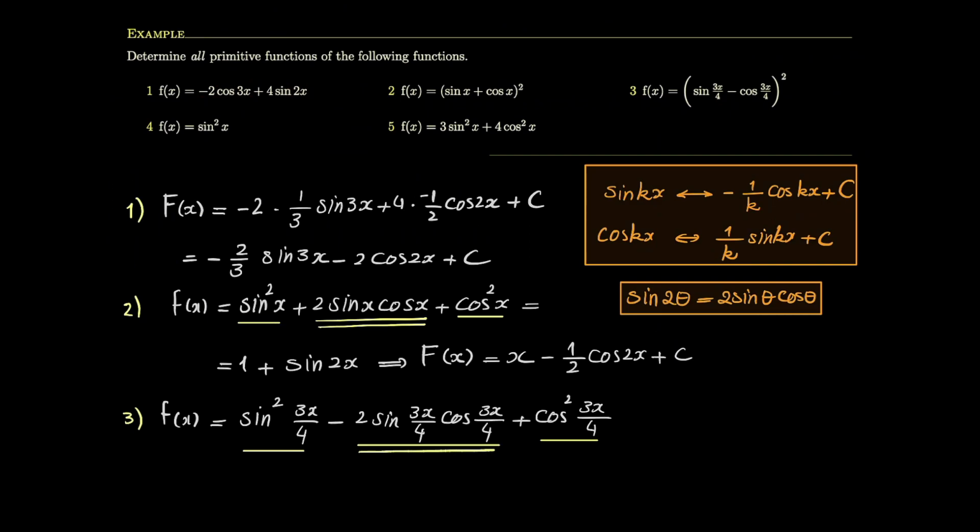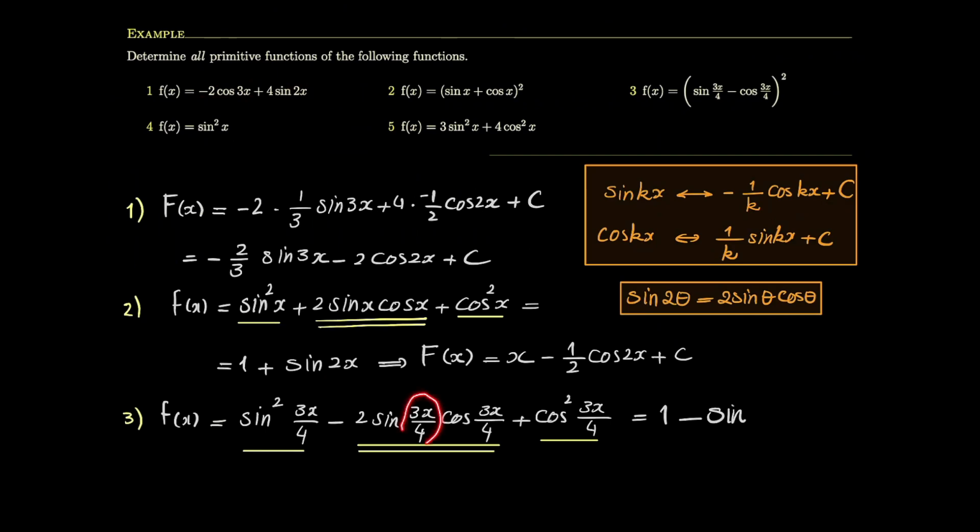That's just sine of 2 times that angle, which is 2 times 3x over 4, which is 3 over 2 x, yes? And then instead of writing it that way, what I will do is write again 1 minus sine of the double angle.